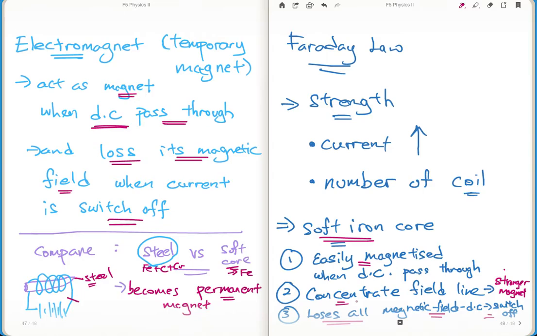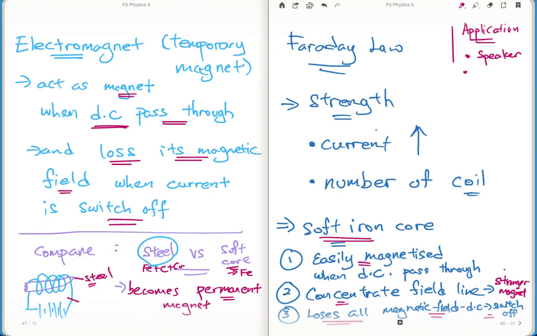Before I end this video, I would personally advise you to read through the applications of electromagnets. Like for a speaker, how does it work? It's available in your reference text. You should read it within a week. After you watch one video, you should spend a week reading your reference and also do the exercise, 8 to 10 questions.